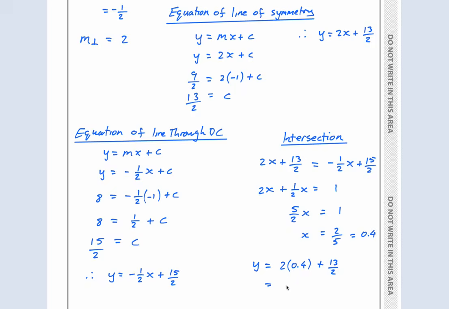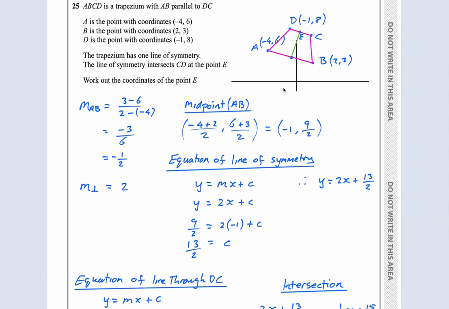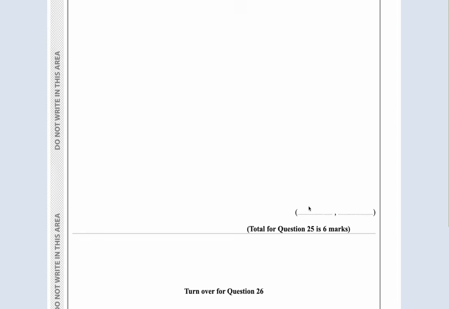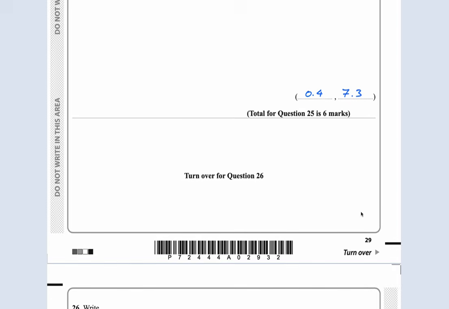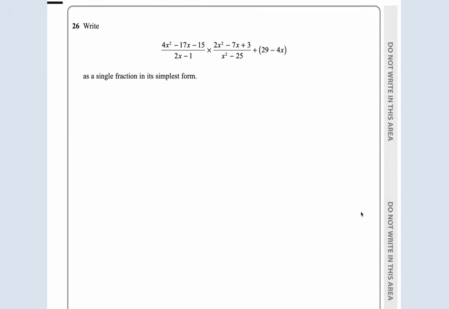You can use your calculator obviously, but it's 0.8 plus 6.5, which is 7.3. So the coordinates are 0.4, 7.3. Does that make sense? Yeah, it makes sense that it would be near 0 and quite high. So 0.4, 7.3. Okay, last question, I believe.